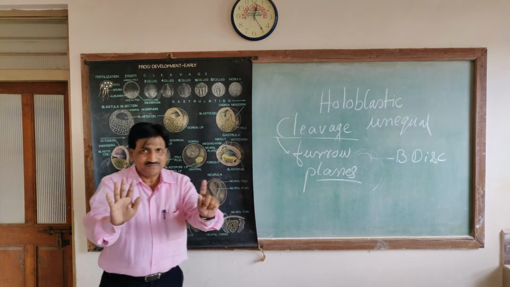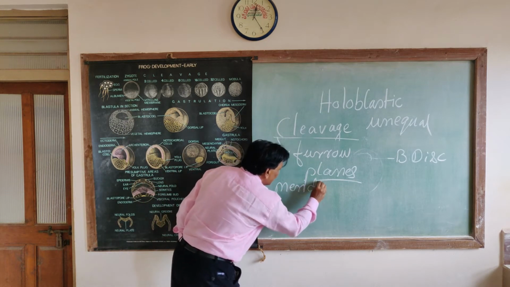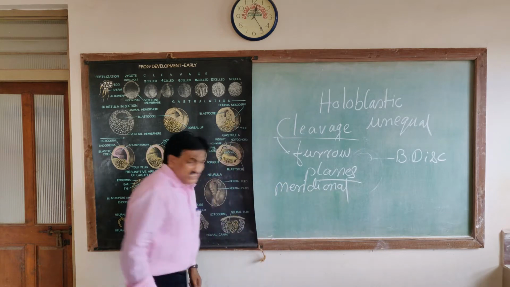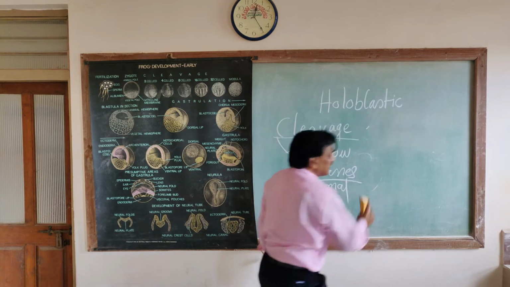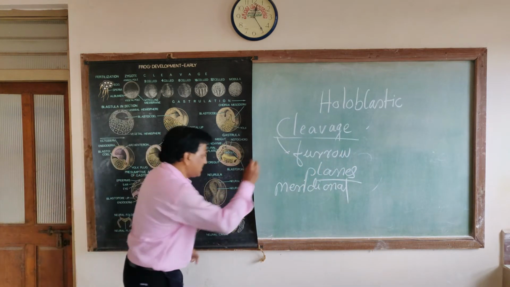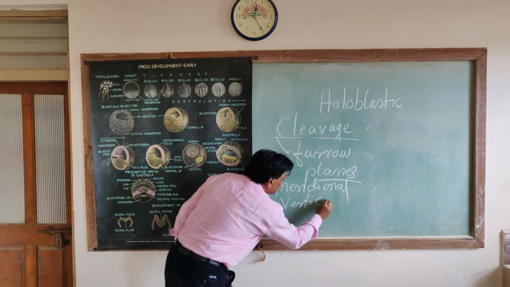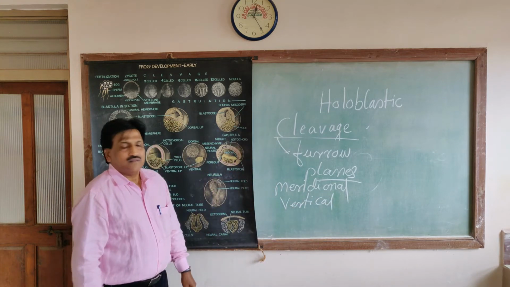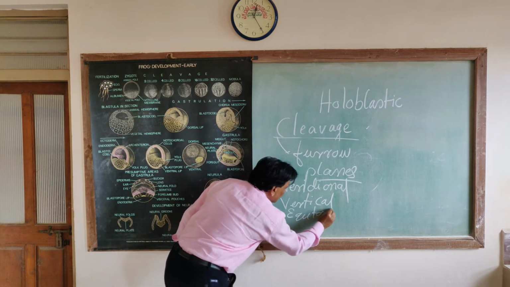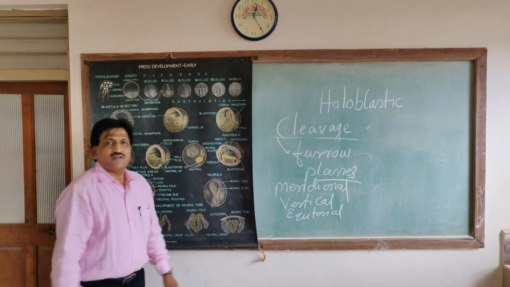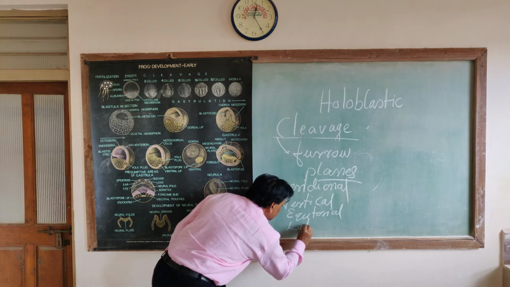That is very important. One is called meridional. The second one is called vertical. The third one is called equatorial. The fourth one is called latitudinal.